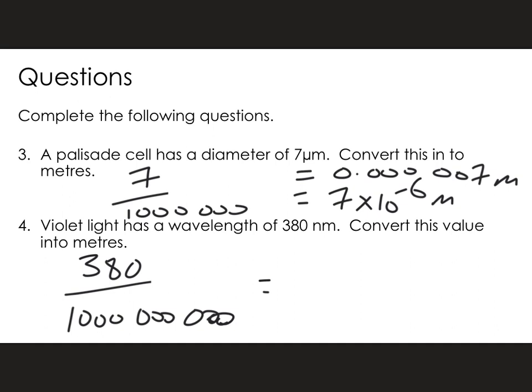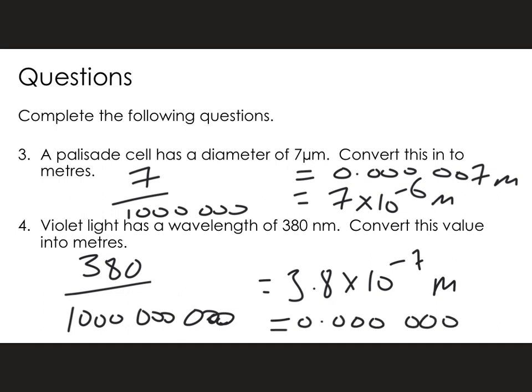I'm going to leave it in standard form again, which is 3.8 times 10 to the minus 7 metres. If we were to write this as a decimal, we would get the answer to be 0.00000038 metres there.